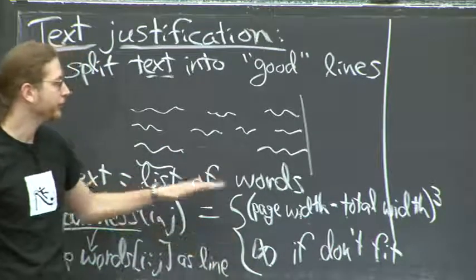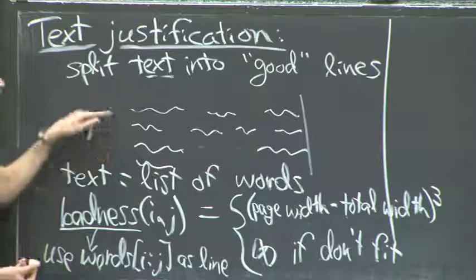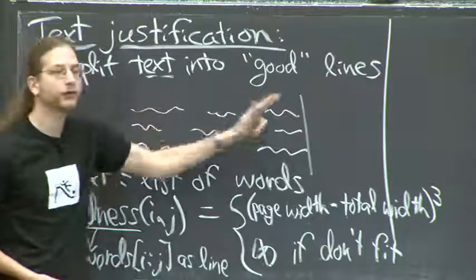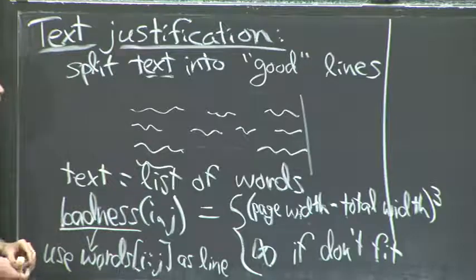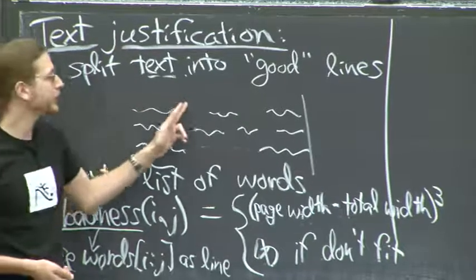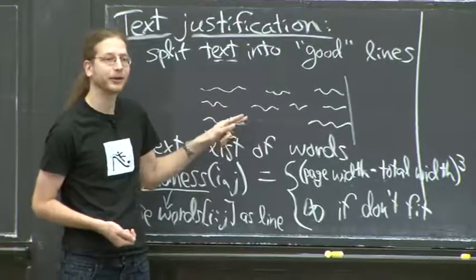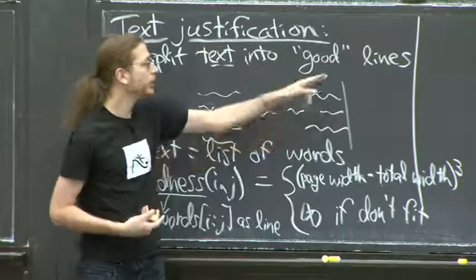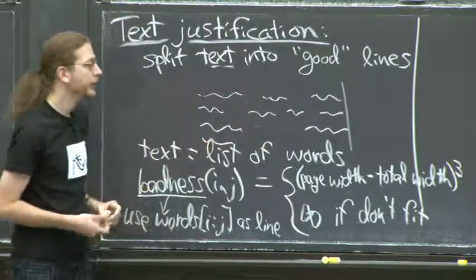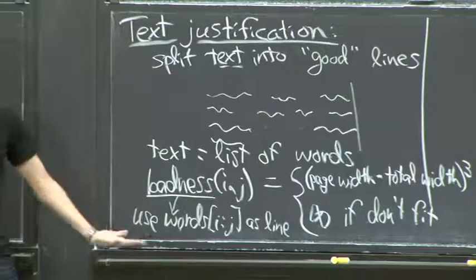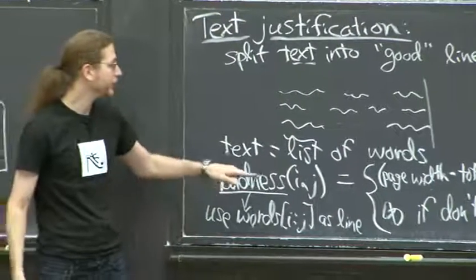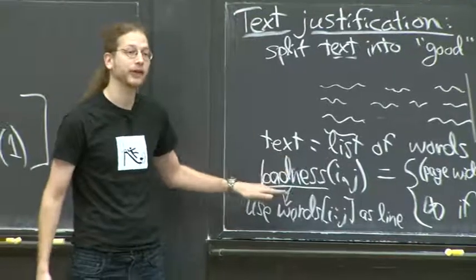So there's a trade-off, of course. And the idea is you might, in the greedy algorithm, make the first line as good as you can. But it might actually be better to leave out some of the words that would fit here in order to make the next line better. And in general, it's hard to tell where I should cut the lines in order to get the best overall strategy. What I'd like to minimize is the sum of the badnesses of the lines.